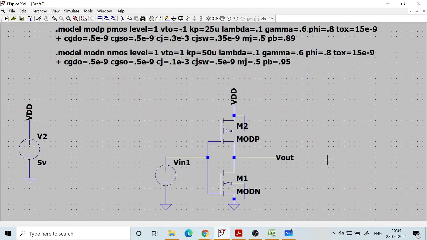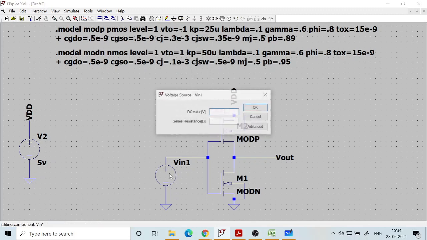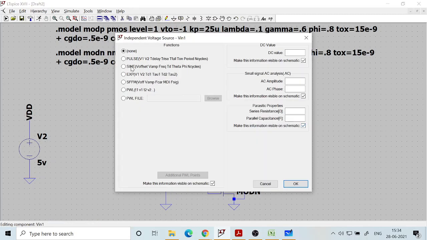Okay, so now what we are going to do today is basically to give a pulse waveform at the input. So this is like a square wave. Initial value 0, final or high value is basically 5 volt. We can give 3.3 also.